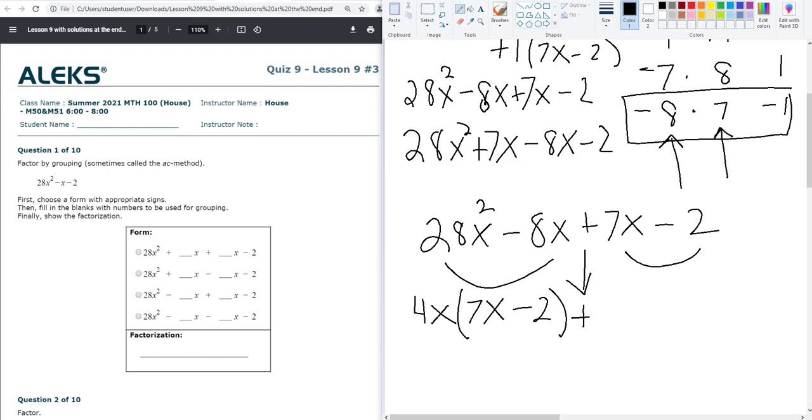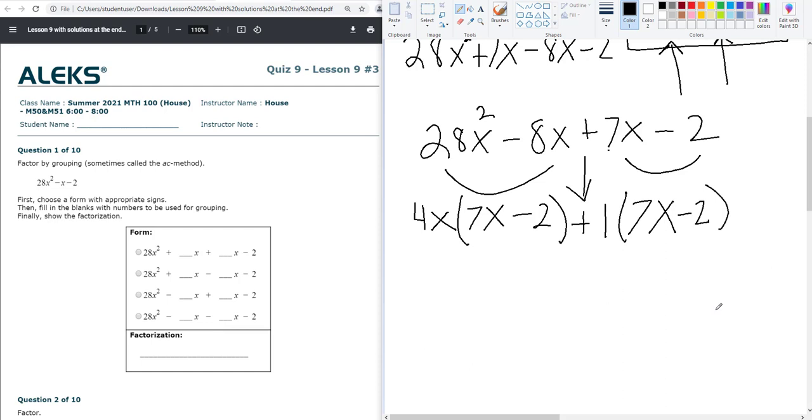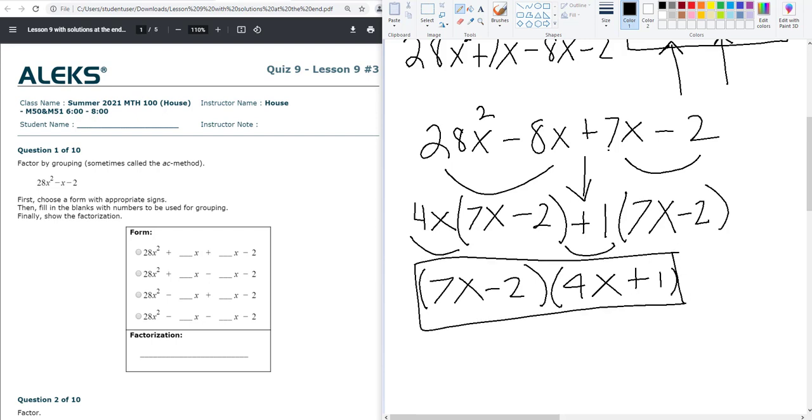Here you have to be careful because 7 and 2 only have a 1 in common, and that gives me a 7x minus 2 if I bring out the 1. Now I see a common binomial, 7x minus 2, and for my second factor I take what's left over, 4x plus 1. So there's our answer, and if you FOIL that out, you should come up with the original problem.